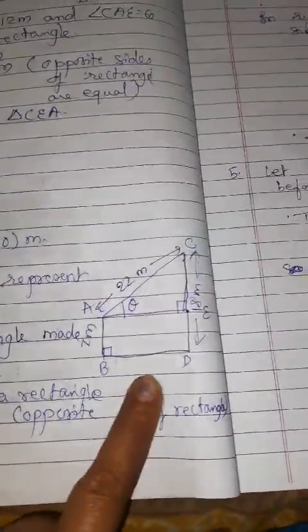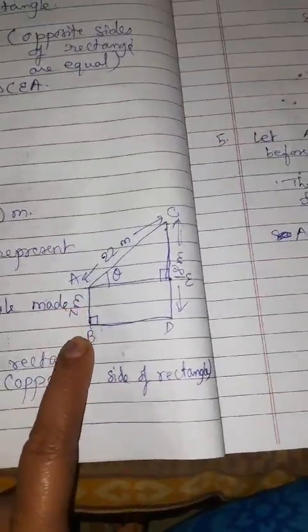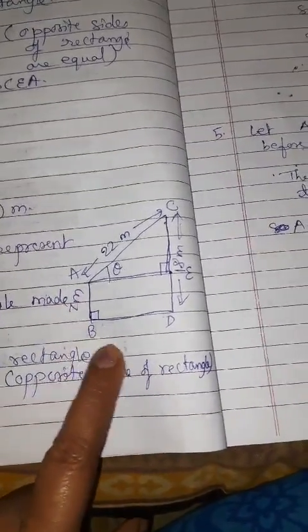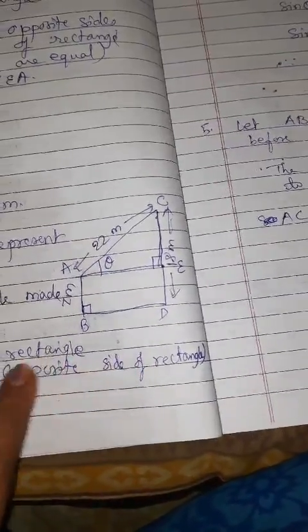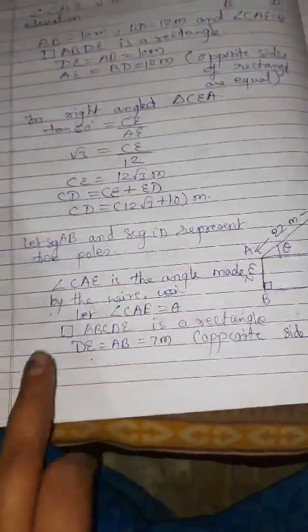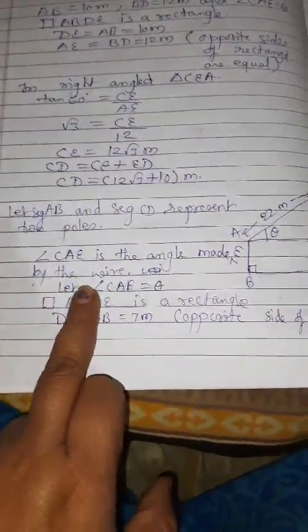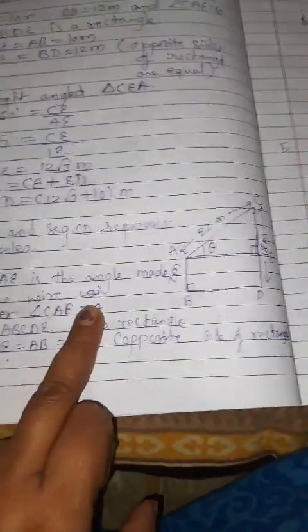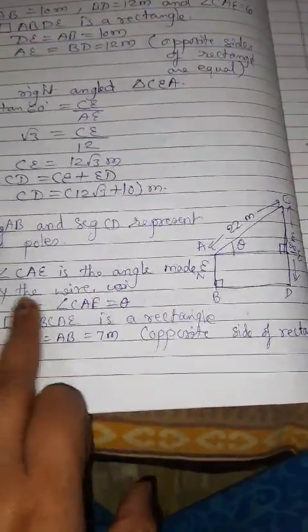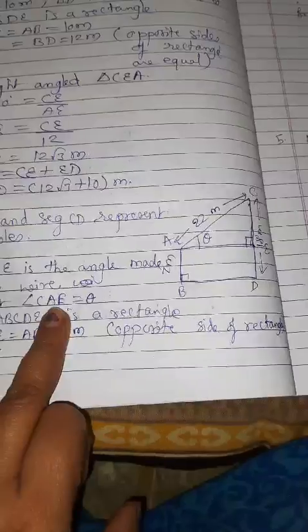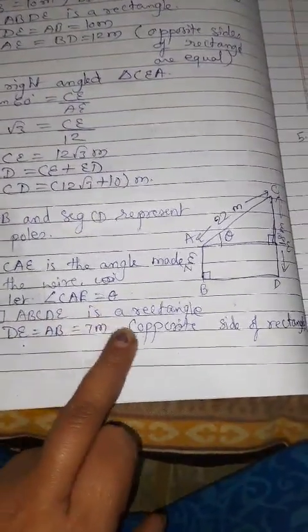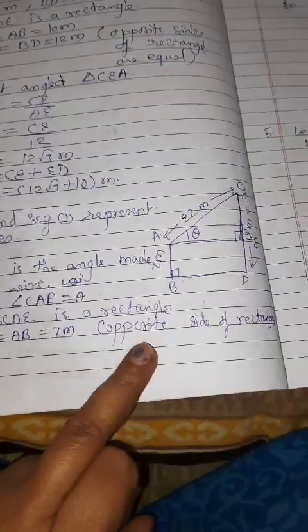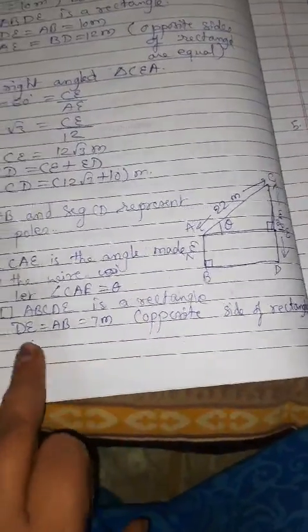So we draw the rough sketch of this. Here AB is the first pole and the second one is CD, the second pole. Its height is 18 meter and the first one is 7 meter. So here AB and CD both represent two poles, and angle CAE is the angle made by the wire. So we consider that angle as theta. And here quadrilateral ABDE is a rectangle.